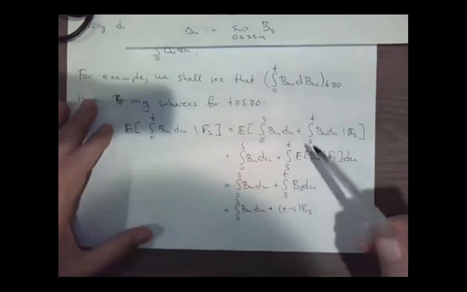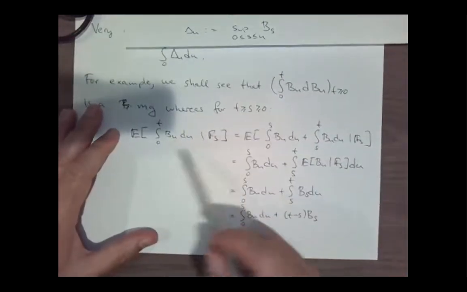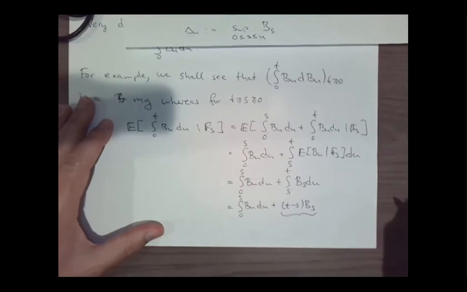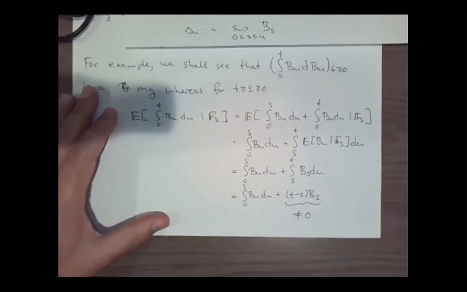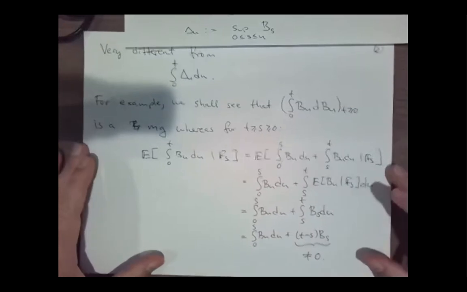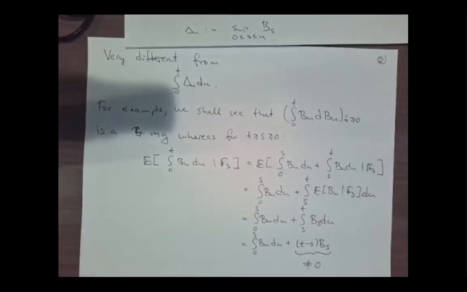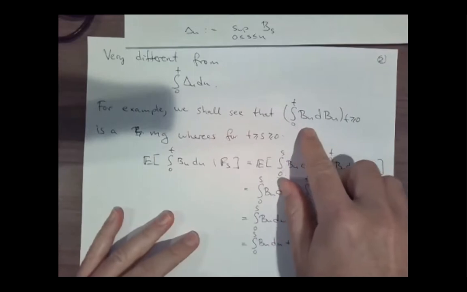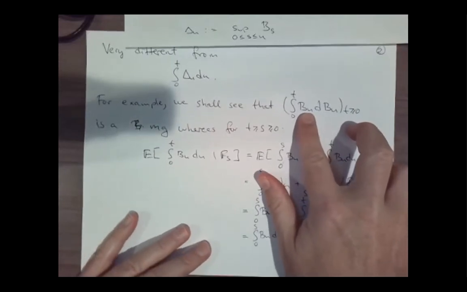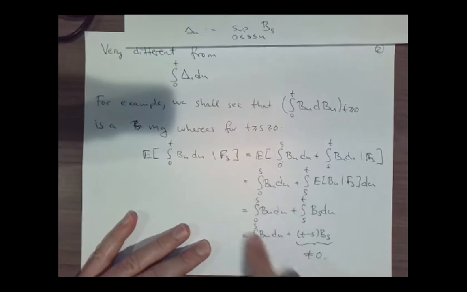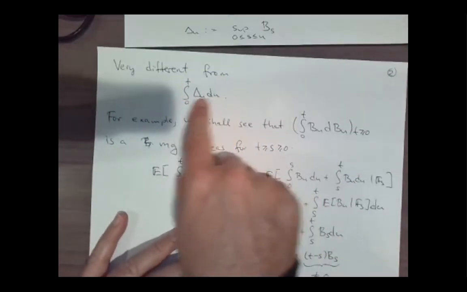So this is not a martingale, because if this were to be a martingale, this quantity here should not be there. This here is not 0. I'm trying to stress here that this object that we're about to introduce should in no possible way be treated as a regular integral. However, this calculation here we can follow, so we can see that it's not going to give me a martingale property of this object up here.